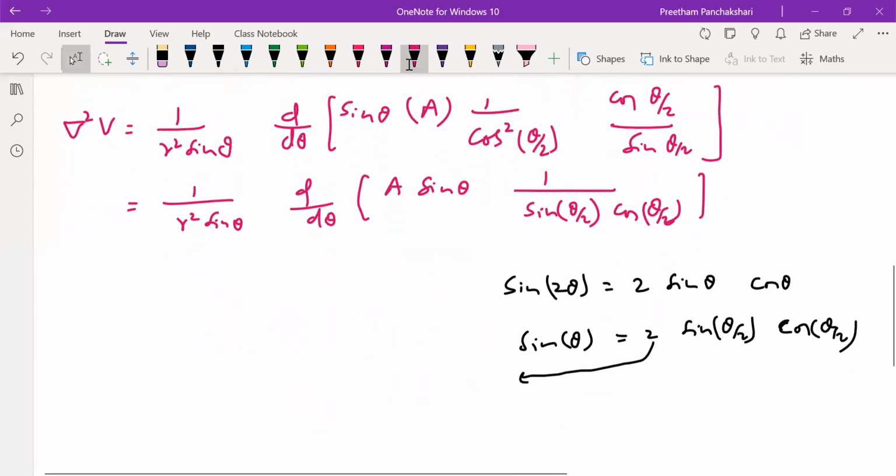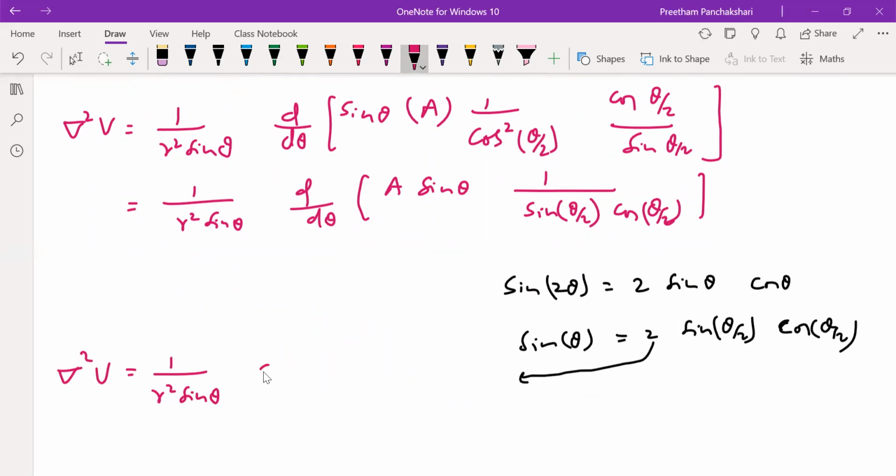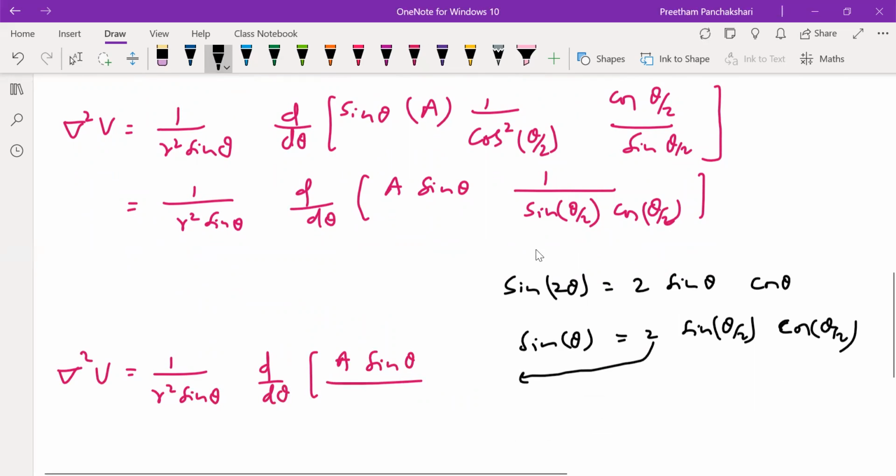Therefore, the next step, our del square V becomes 1 by r square sine theta, differentiation of A sine theta divided by, in the denominator, the product becomes sine theta divided by 2. So now sine theta is cancelled over here.